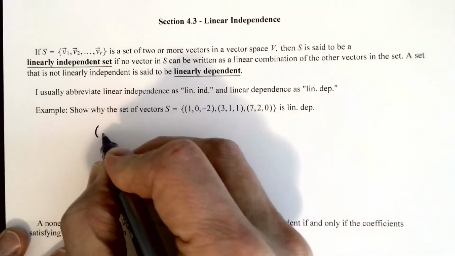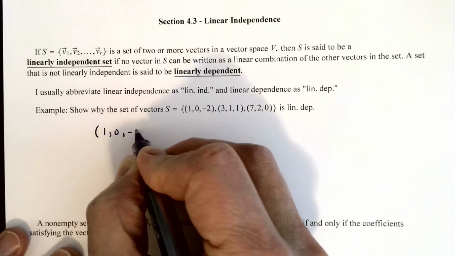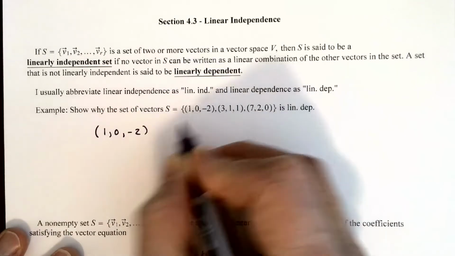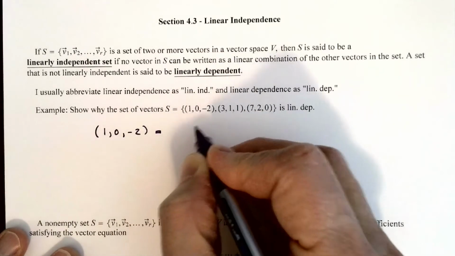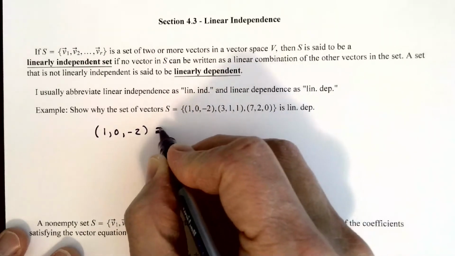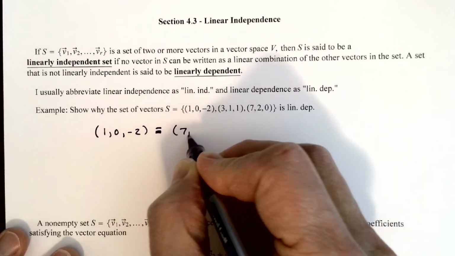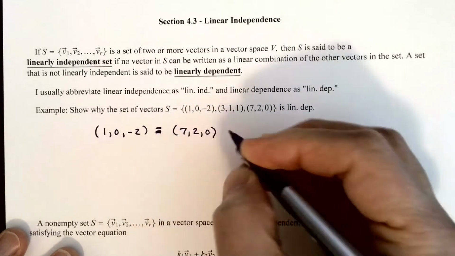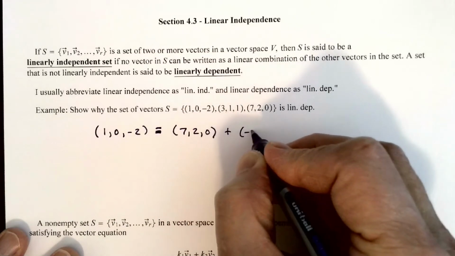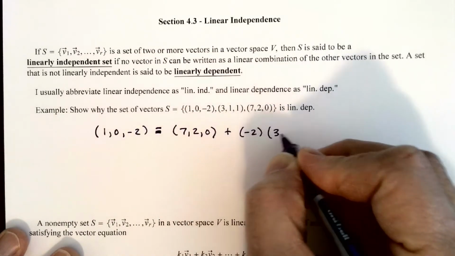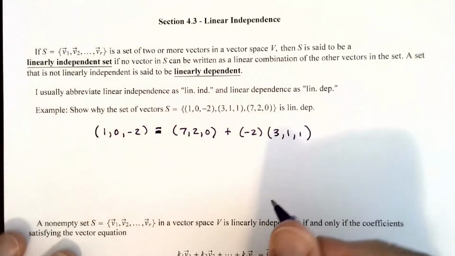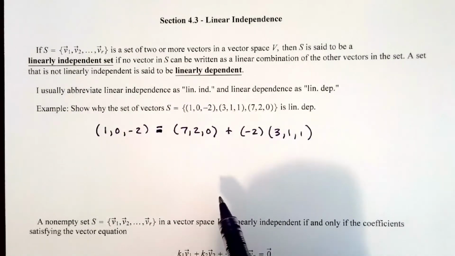The vector 1, 0, negative 2, the first vector in this set right here, is equal to the vector 7, 2, 0 plus negative 2 times the vector 3, 1, 1. Now, just confirm that this indeed is true.